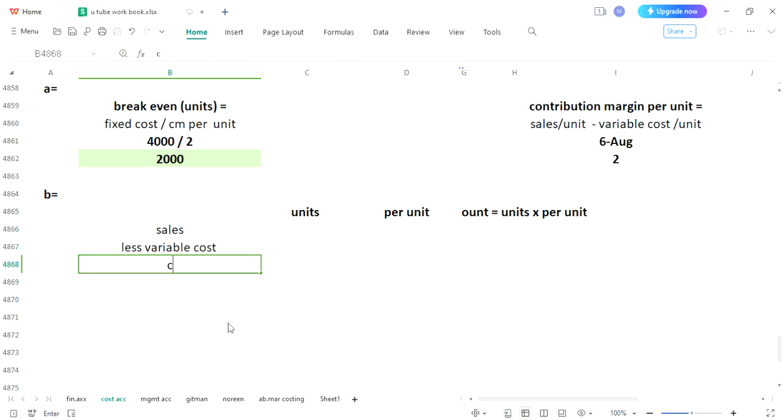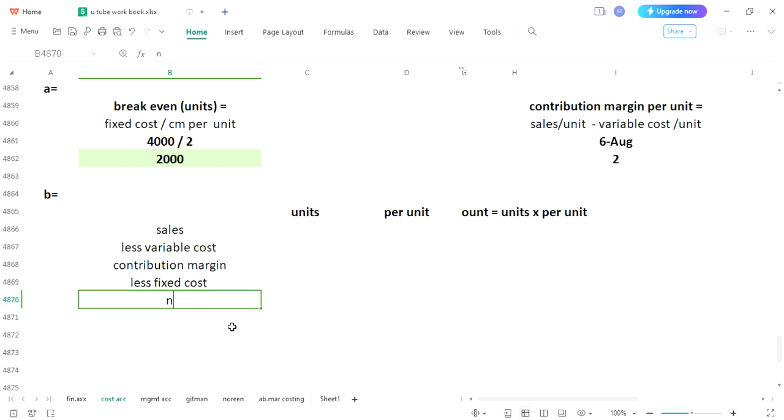You will get your contribution margin, and then again you will subtract your fixed cost. You will get your net margin, and kindly keep it in mind, this is earning before interest and tax. So in this way our statement would be completed.